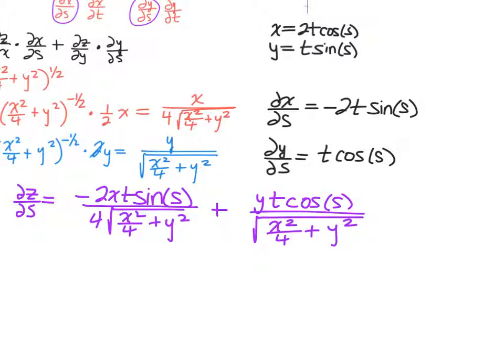And again, the only thing we could probably address here is that the 2 and the 4 can divide, making this, instead of 2 over 4, 1 over 2. So I could write it like that.